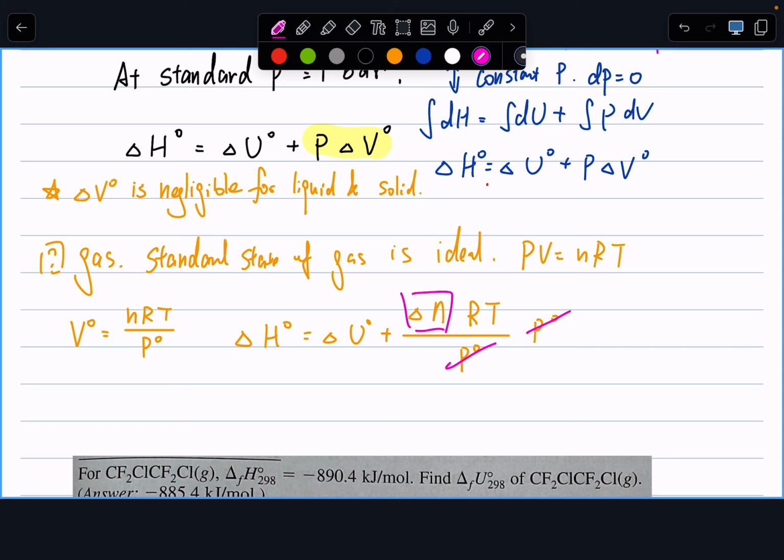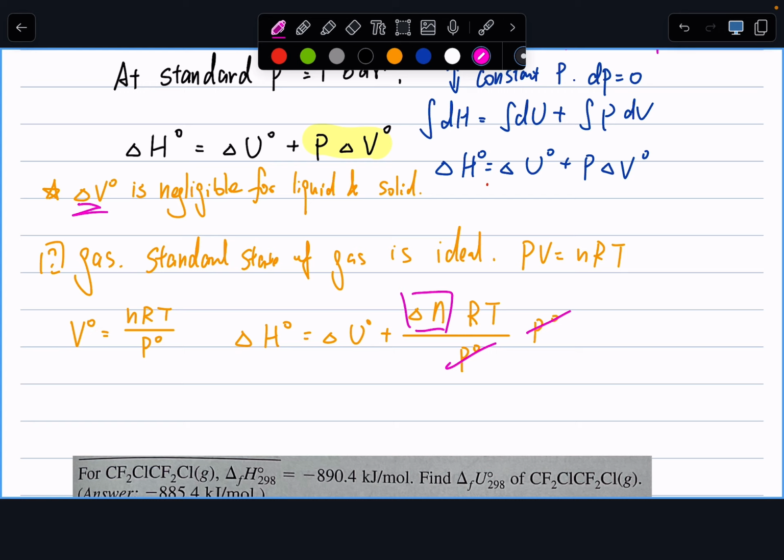enthalpy. Now remember, delta V naught is negligible for liquid and solid. So we really only care about how many moles of gases are involved in a chemical reaction.